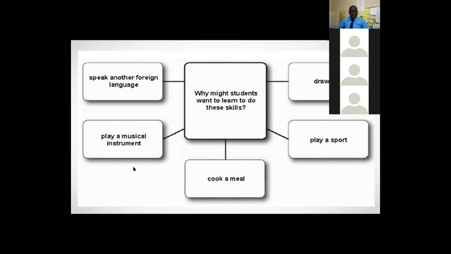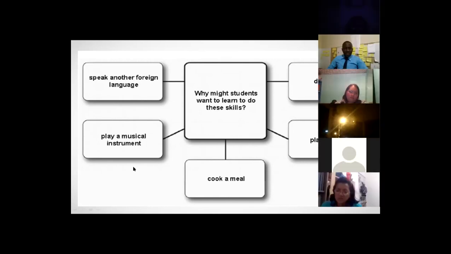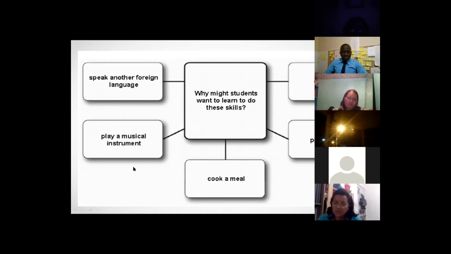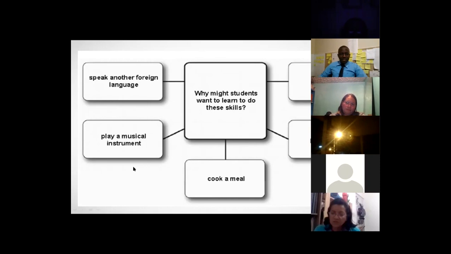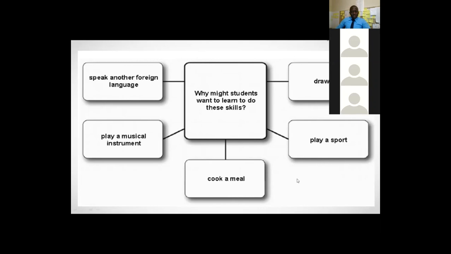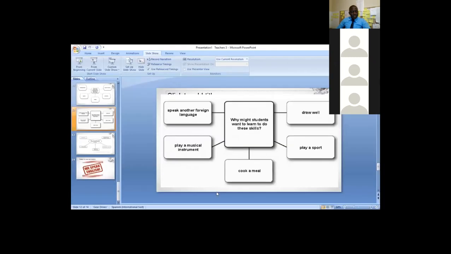Students want to learn to cook a meal and draw well to be confident. And play a sport and play an instrument, they want to work both hemispheres of the brain, and to do many things at the same time.